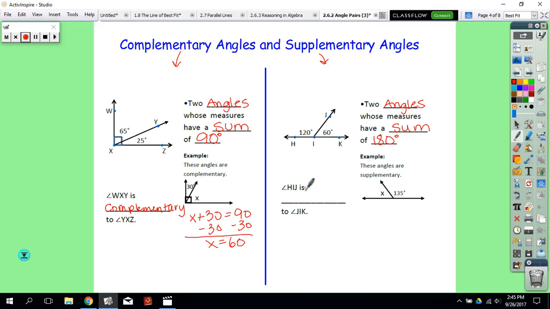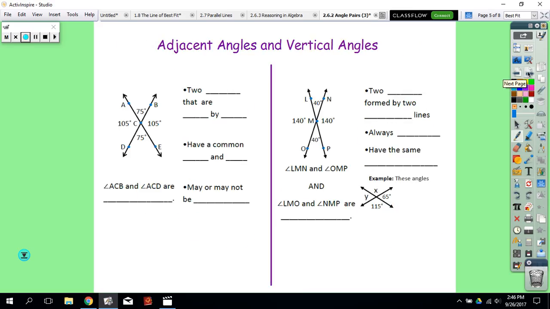So angle HIJ is supplementary to JIK. And again, down here, you would have x plus 135 is equal to 180. Subtract the 135 from both sides. X is equal to 45 degrees. And again, 45 plus 135, 180, everything checks out.